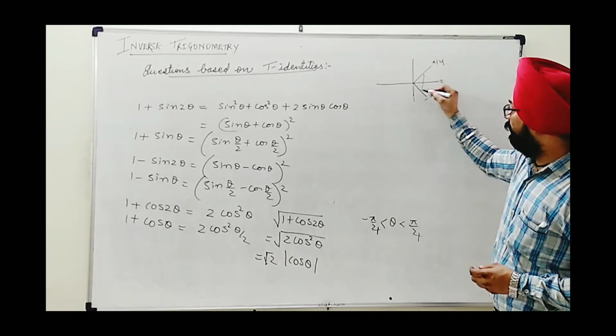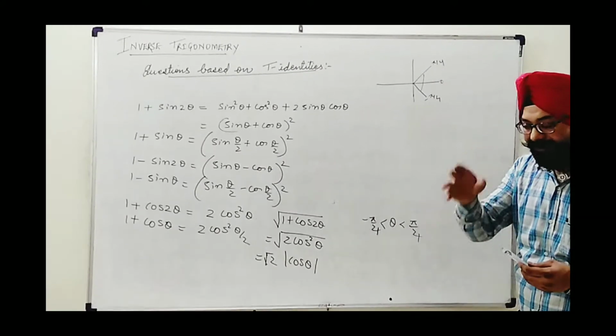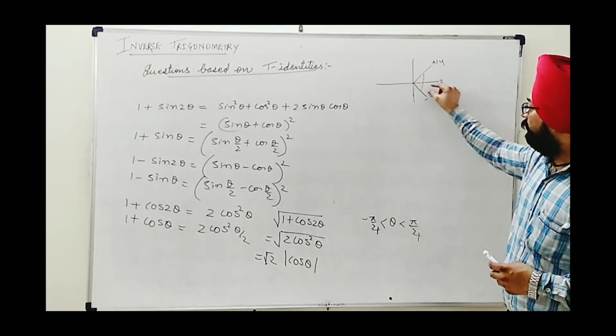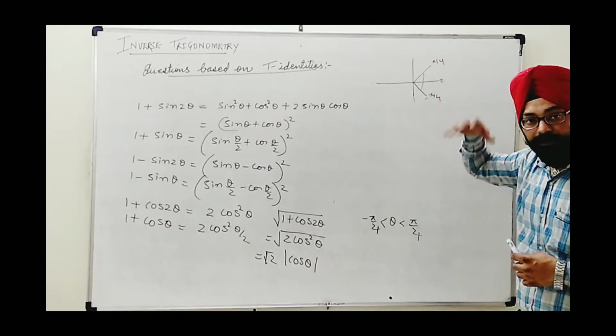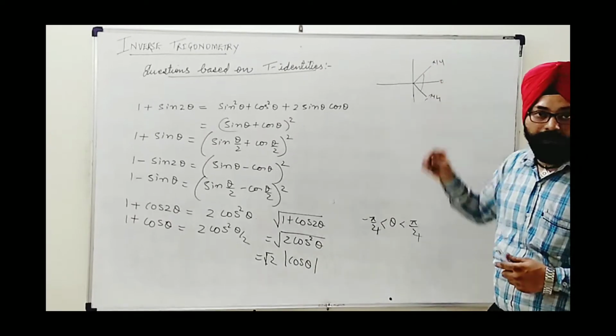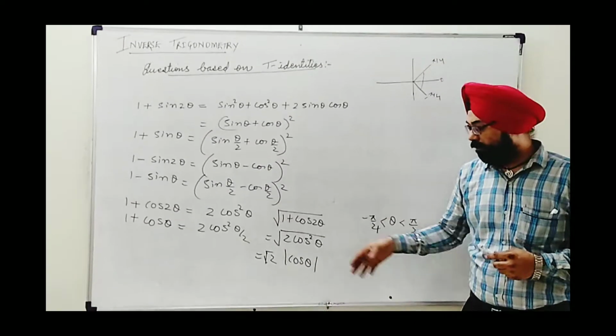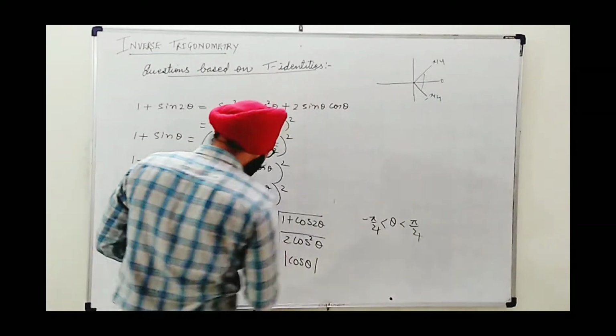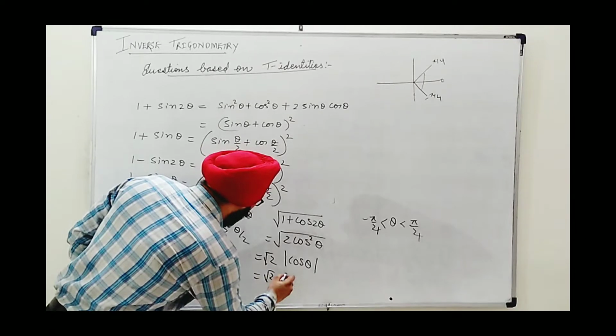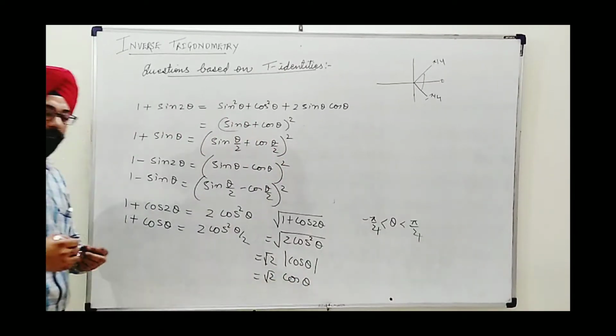Now in this range we see which quadrants are covered. This portion is of the fourth quadrant and the remaining portion is of the first quadrant. We know that cos theta is positive in both portions, fourth and first. So in this condition we have to open this with a plus sign, and the result can be written as root 2 cos theta.